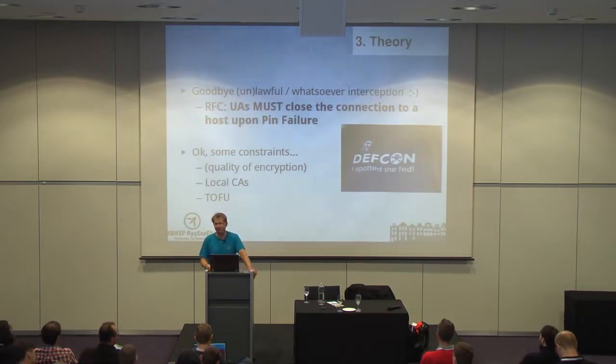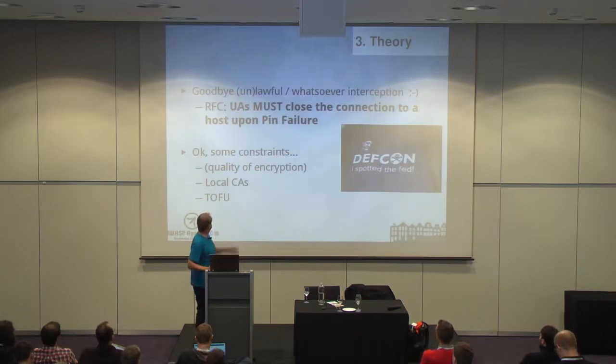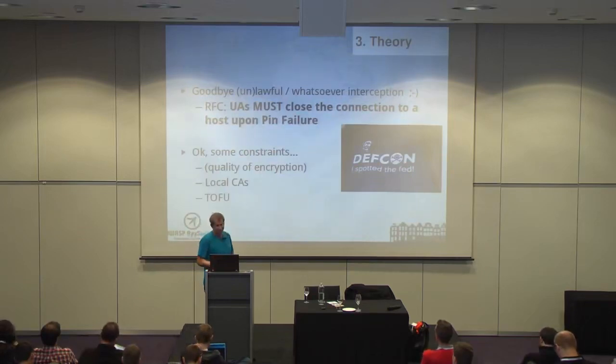This won't work otherwise with key pinning. The only theoretical problem here is also trust on first use. Of course, if you're talking about a state agency, the quality of encryption also matters.